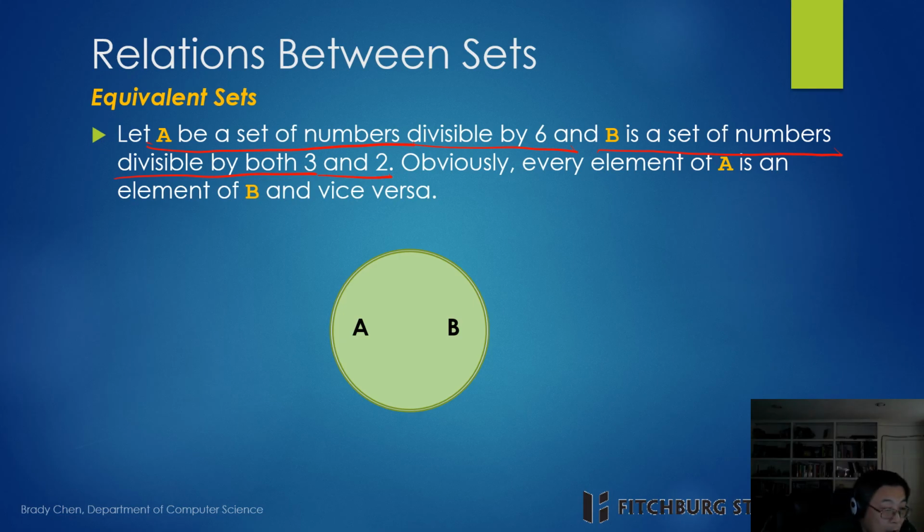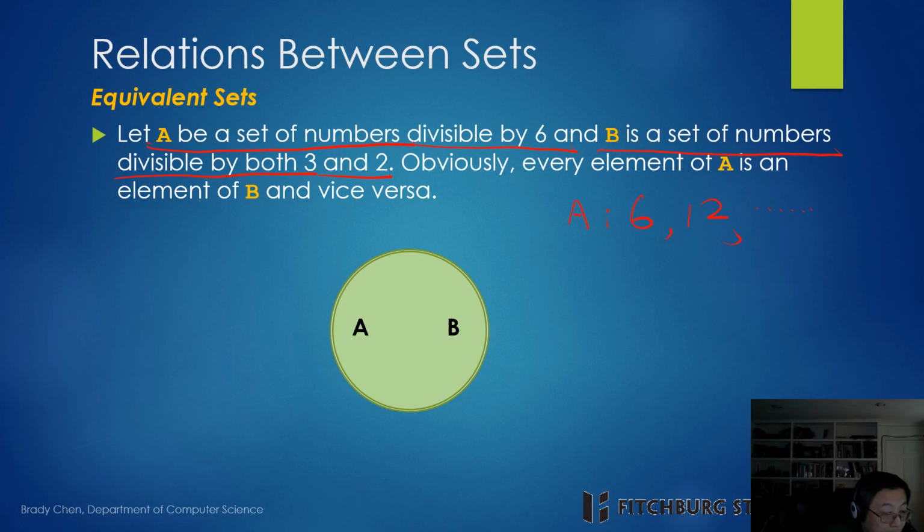A is a set of numbers divisible by 6. That means now we can easily find some members of the set, right? So let's say for A, 6 definitely belongs to A, right? And 12 is an element of A, right? Because 12 is divisible by 6. So basically, A contains all the elements which are multiples of 6.